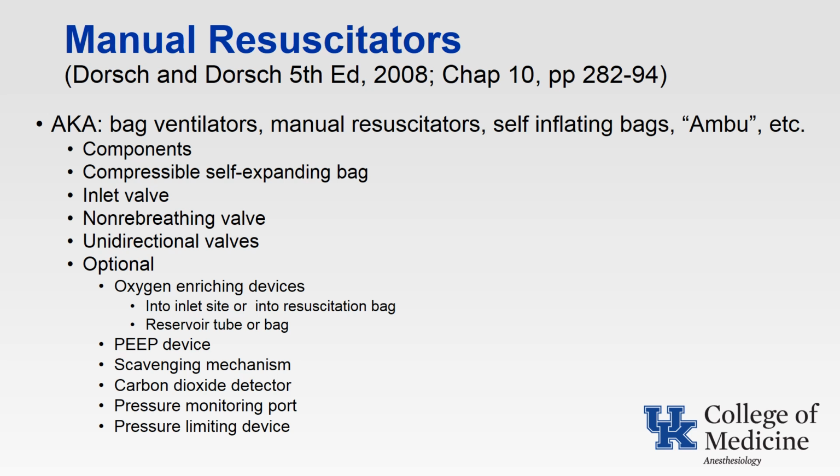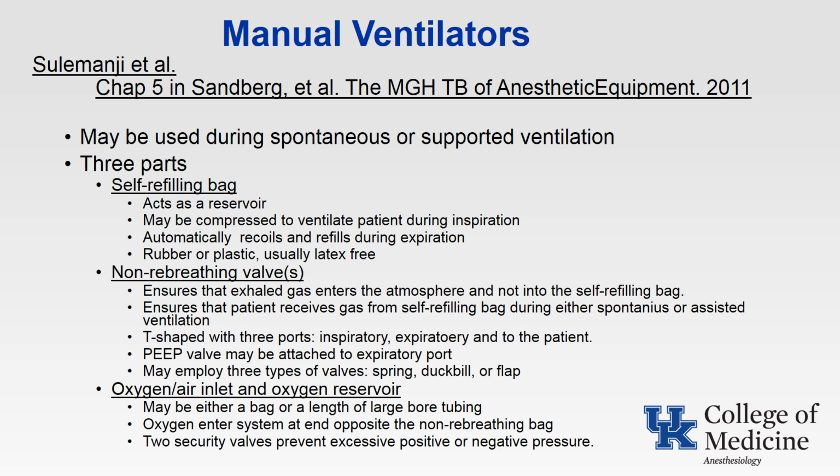They are also called bag ventilators, manual resuscitators, self-inflating bags, commonly referred to as AMBU, etc. One must consider the components: the self-inflating bag, the inlet valve, the non-rebreathing valve, etc. They also have a number of optional components. This is also thoroughly described in the chapter in the MGH textbook on anesthetic equipment.